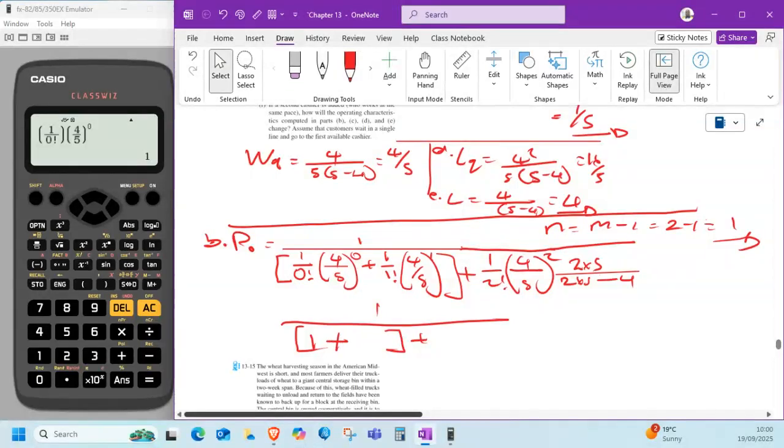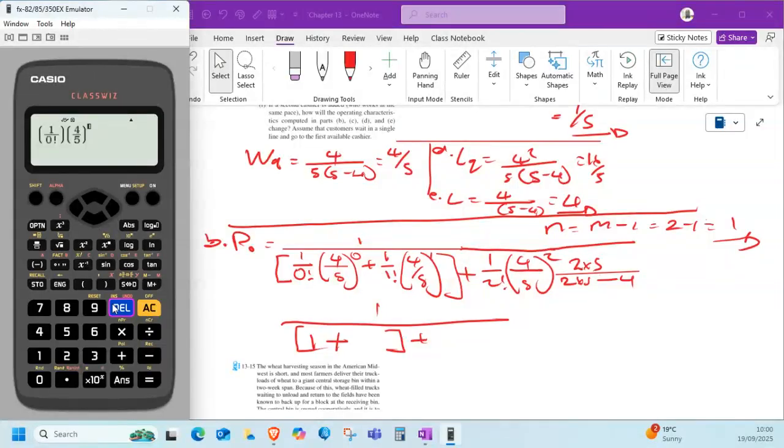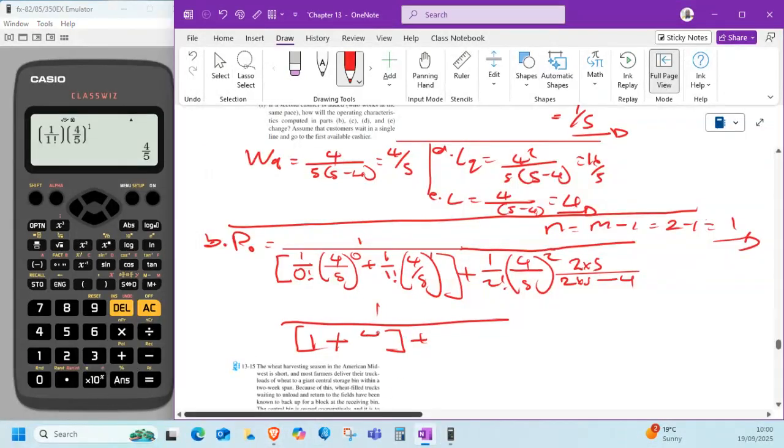The first one is always 1. Then 4 over 5. Then now the other stage.